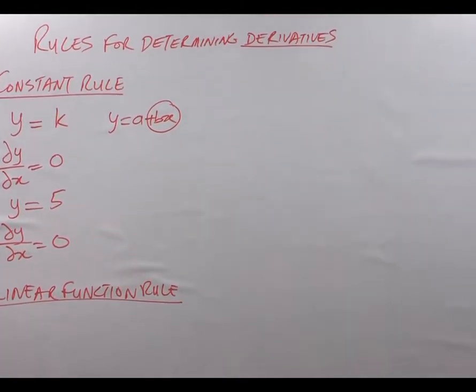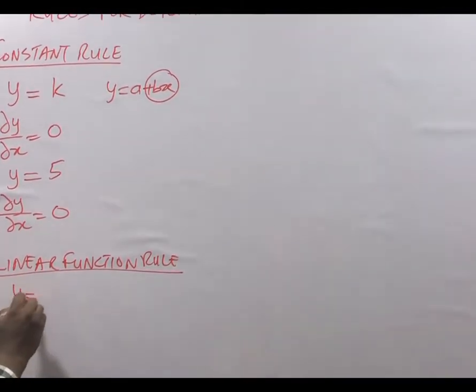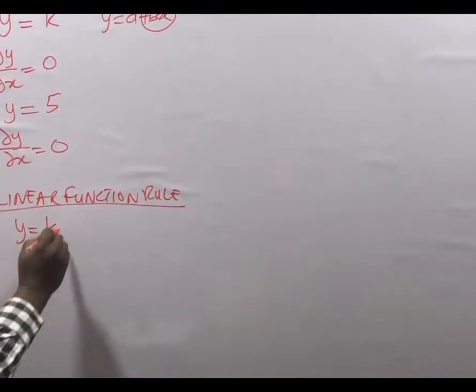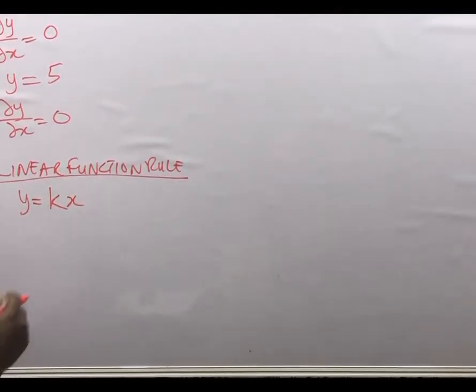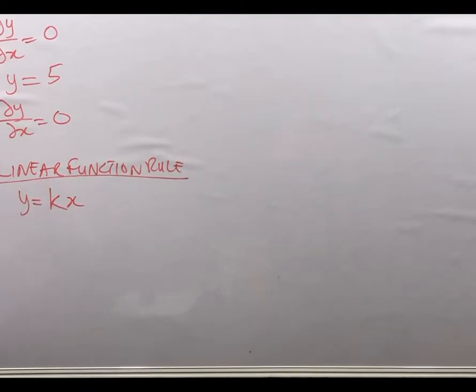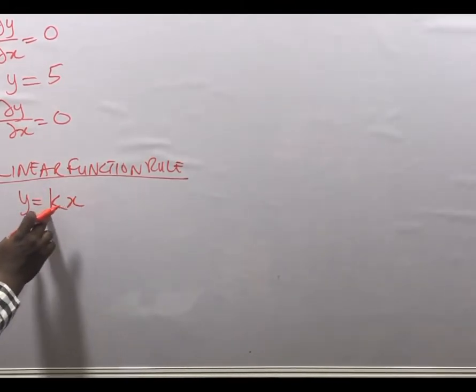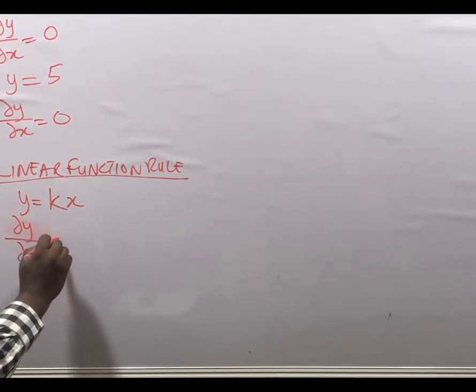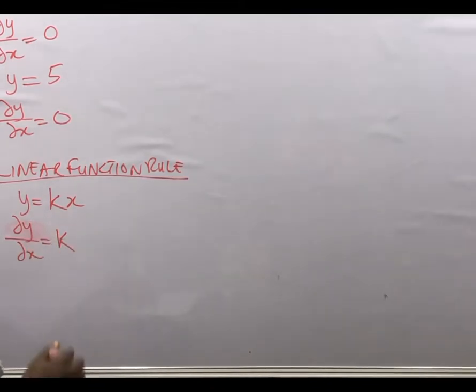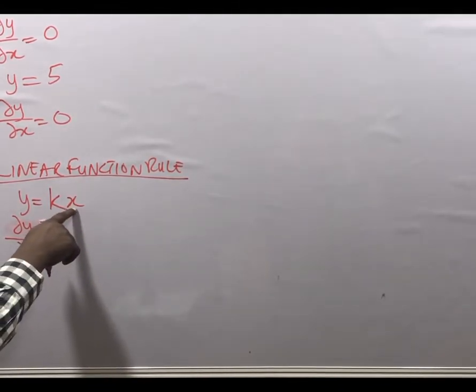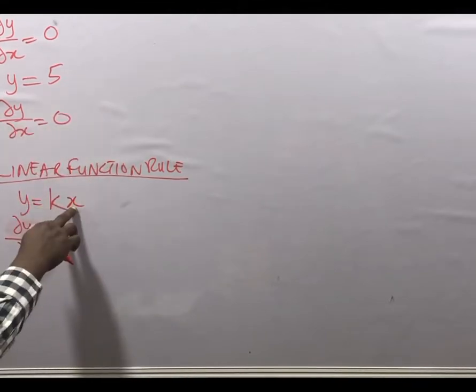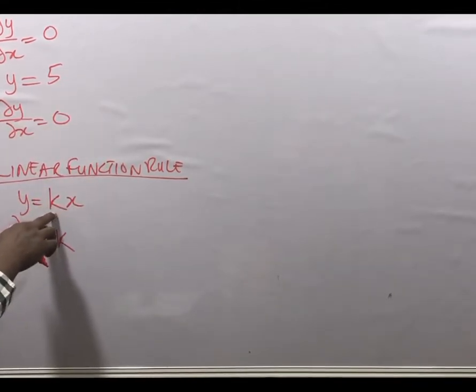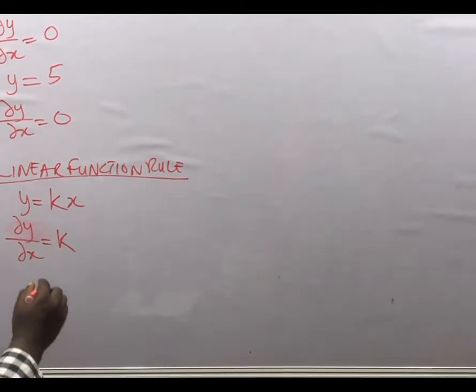The linear function rule says that if you have a function with a constant coefficient times x, without any power, the derivative of this function, dy dx, will be left with k. The derivative of x in this equation will be left with what? k.